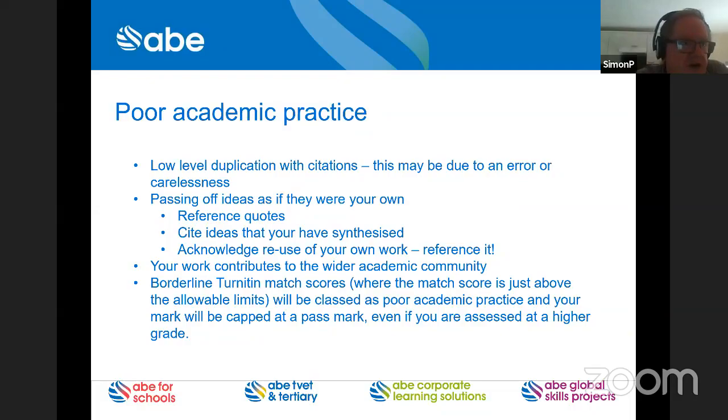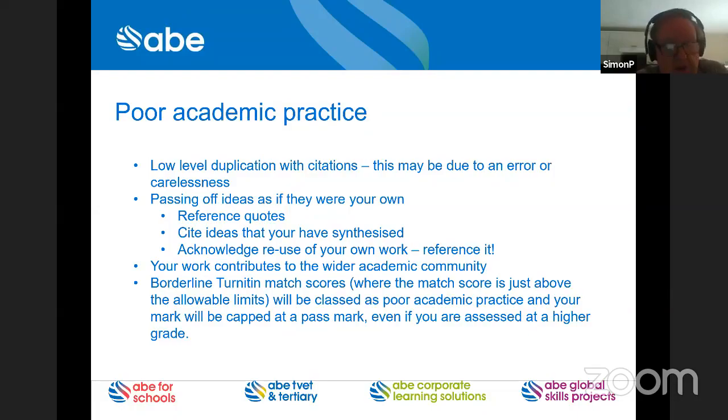So if they're on the cusp, if the top 5 sources account for more than 60–70% of the total match score up to the allowable amount, then it is very probable that your work will be deemed poor academic practice, particularly if it's poorly referenced, and will be capped at a pass for the unit, which is 40, even though academically it may be assessed at a higher level.